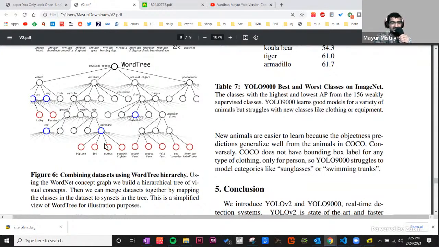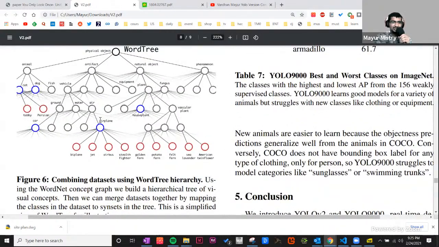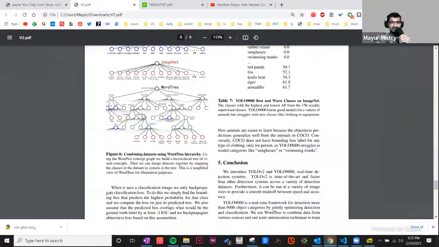Here, if it's not able to identify Airbus, then it will go to the upper node of airplane and give that as classification. So it's stronger in that sense, that even if your score is less on classification, it will go back to the node which is higher and give that as classification.